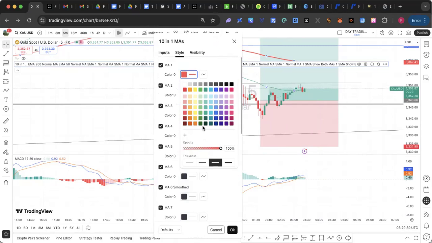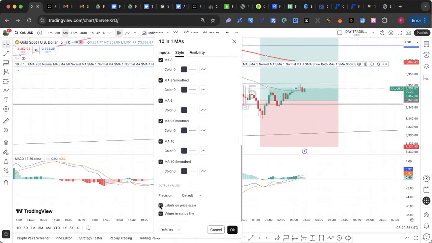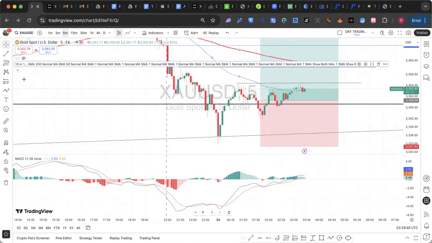And of course leave it at red the way it is. You want to scroll down and uncheck this label on price, scale, and value. So just uncheck them. All right, so you're okay. Good. Then you close it.